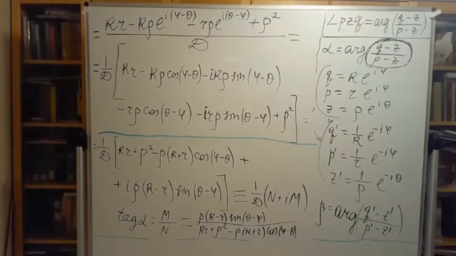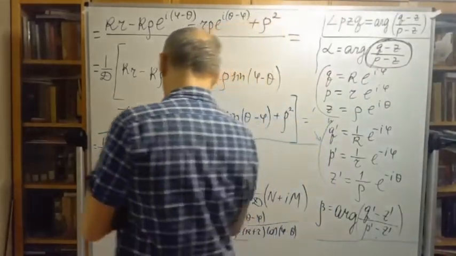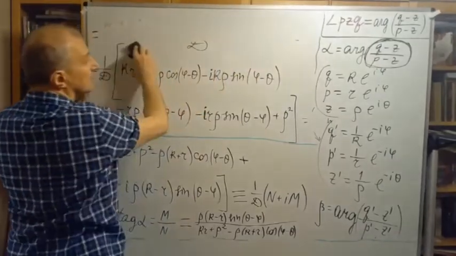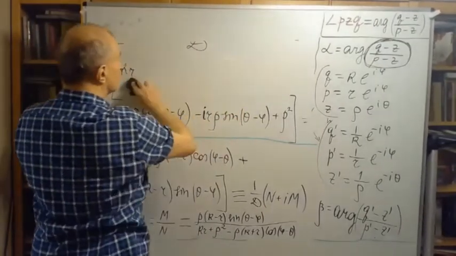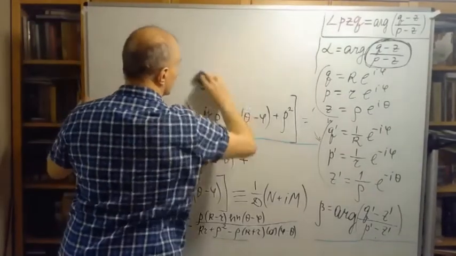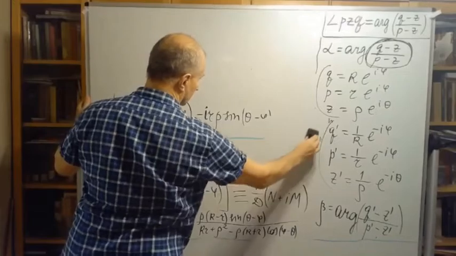And now we'll erase everything here to have room for writing, and we will get tangent beta of the angle into which alpha has been transformed as a result of the inversion.